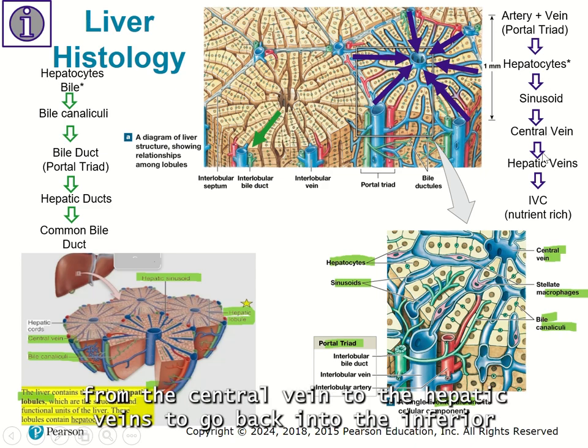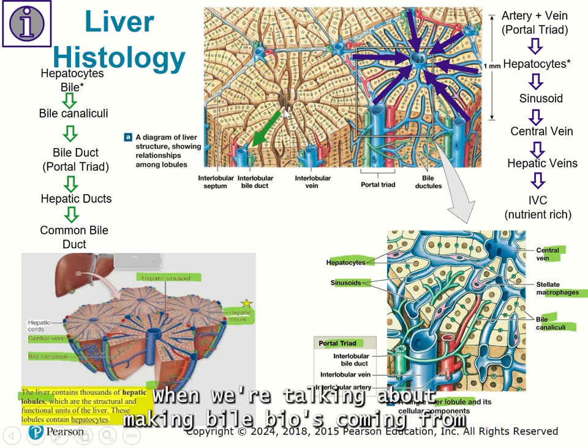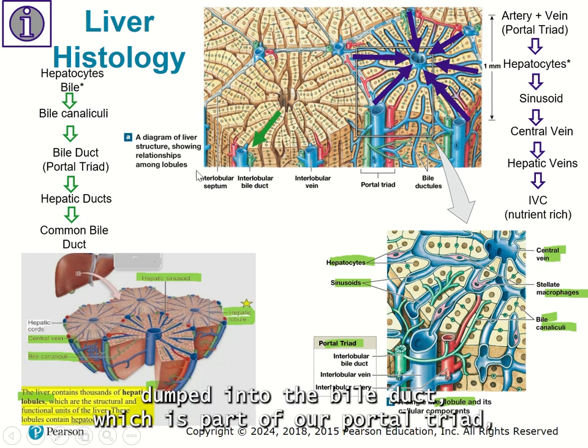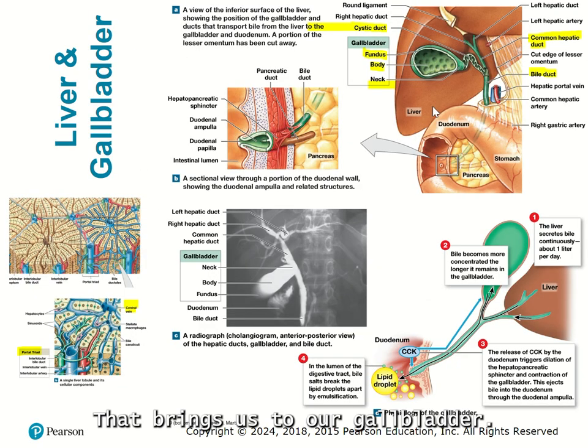From the central vein to the hepatic veins to go back into the inferior vena cava so it can go to the heart. When we're talking about making bile, bile's coming from the hepatocytes, going through the bile canaliculi, dumped into the bile duct, which is part of our portal triad, through the hepatic ducts, and down through the common bile duct. That brings us to our gallbladder.